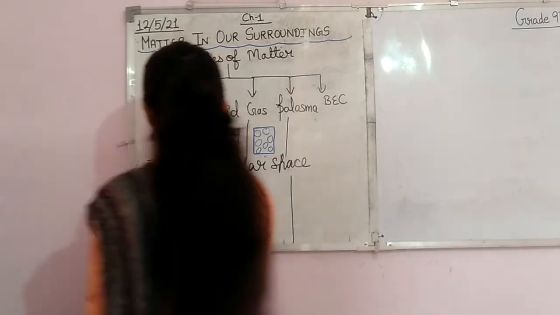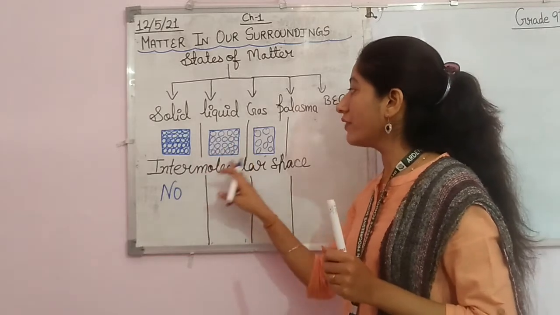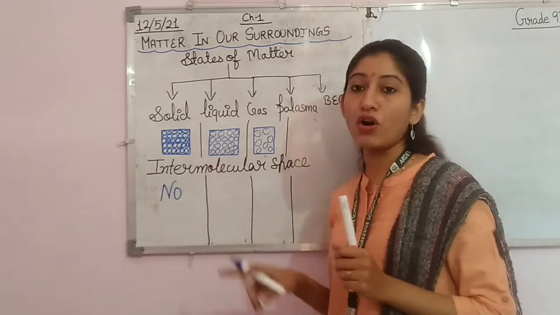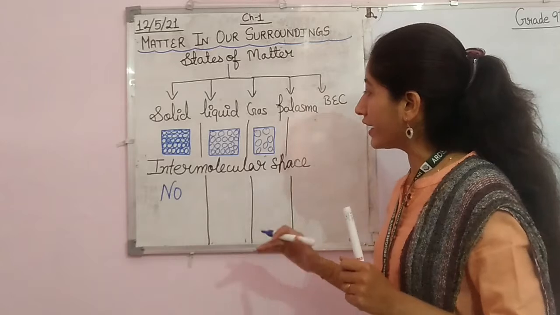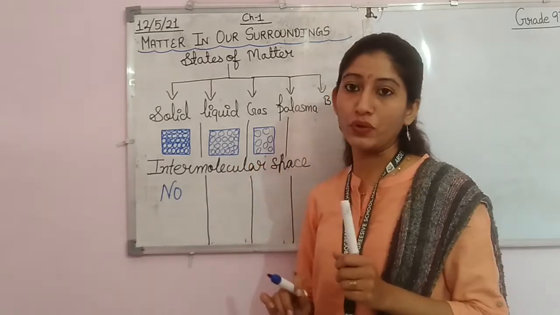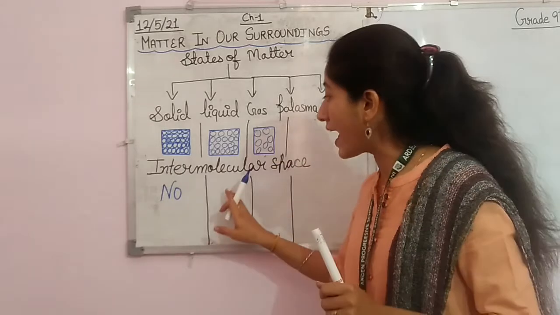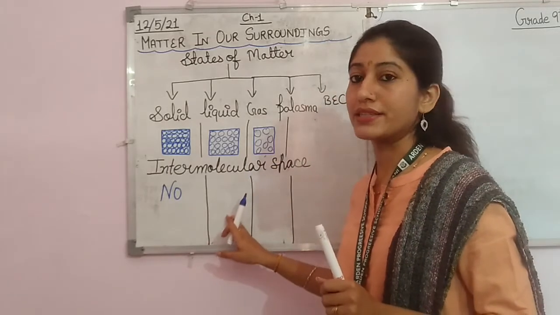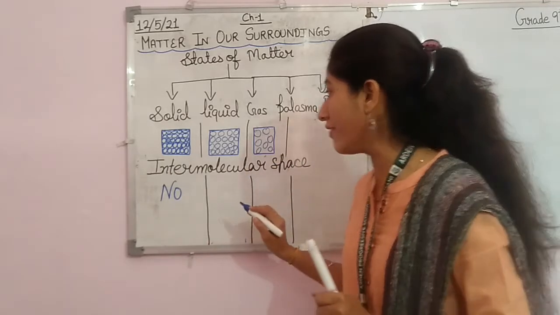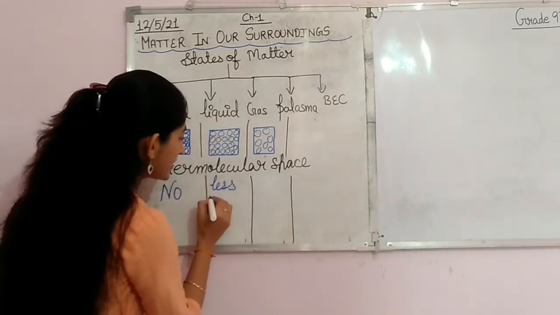When we see liquids, in a liquid we can see the arrangement of the molecules, and we can find very easily that there is a little space between the molecules. This space means liquids have intermolecular space.